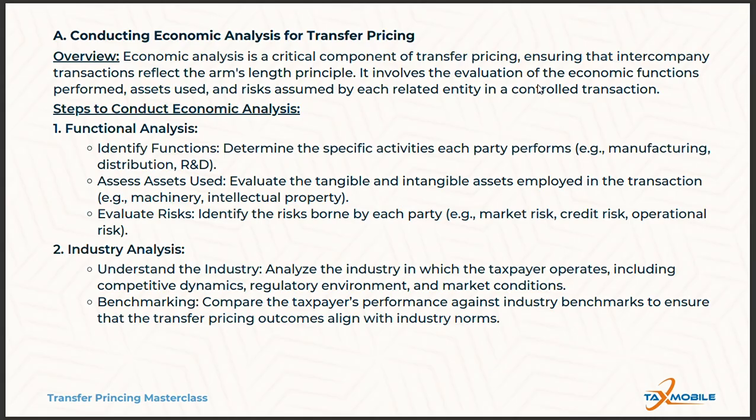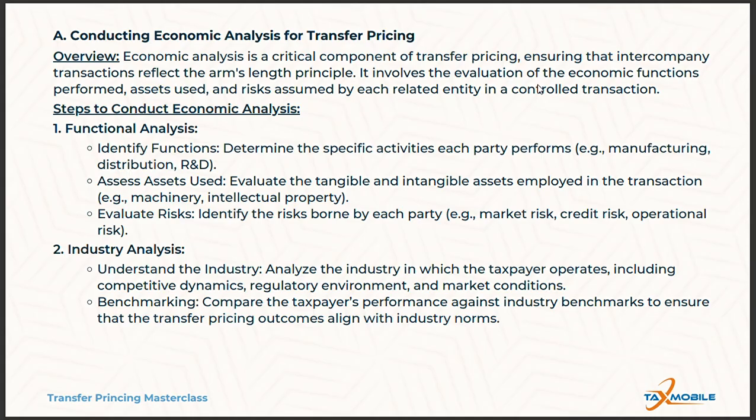Industry analysis is understanding the external economic environment in which the business operates. Now, economic analysis method, selecting the most appropriate transfer pricing method to determine the arm's length price. Each step is very critical in ensuring that we achieve accurate and compliant transfer pricing outcomes. So it is really, really important.